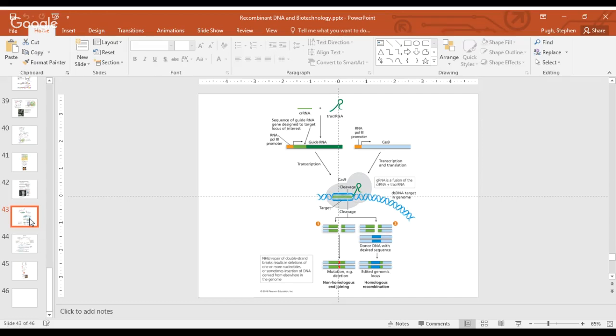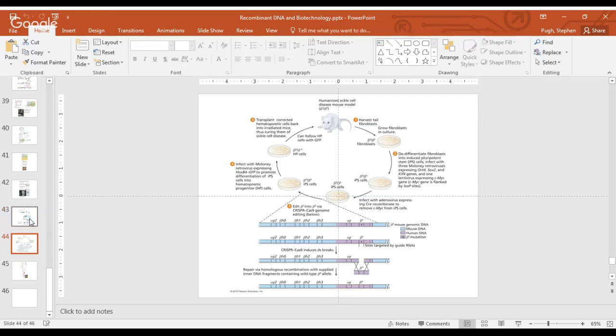But people suggest that we might be able to use this technique to insert genes to cure genetic diseases, even something like sickle cell disease. So this is a slide that demonstrates how that might work. It was research done on mice that have a genetic disease very similar to sickle cell. That is, they're homozygous recessive for a different form of hemoglobin.